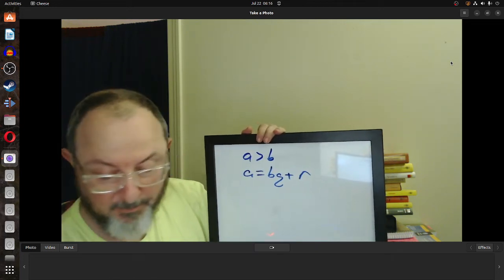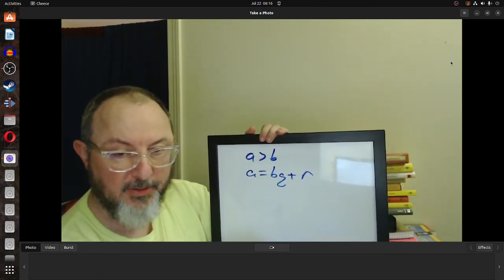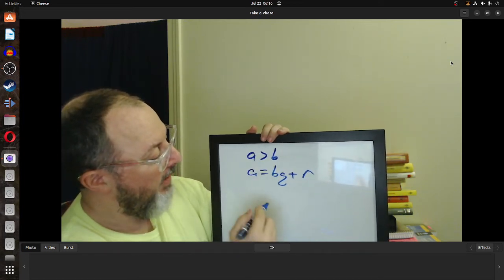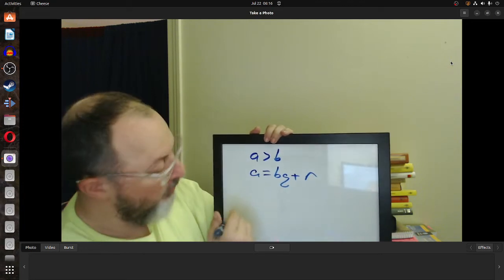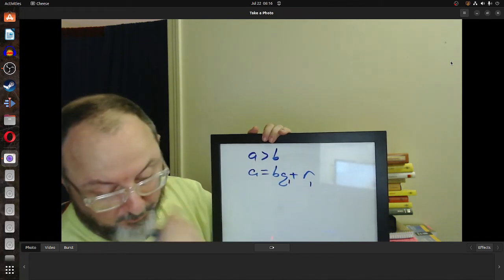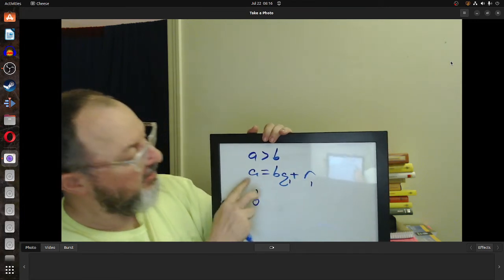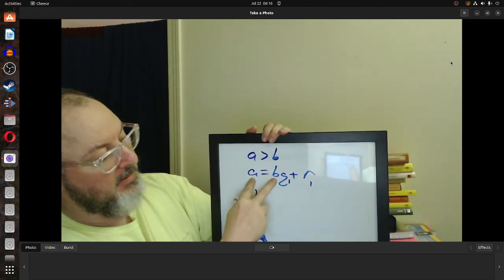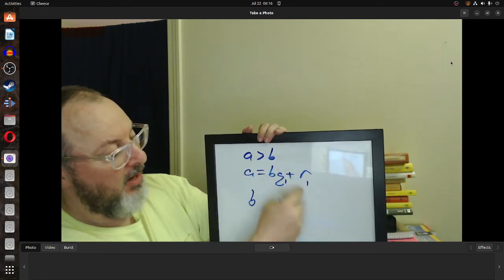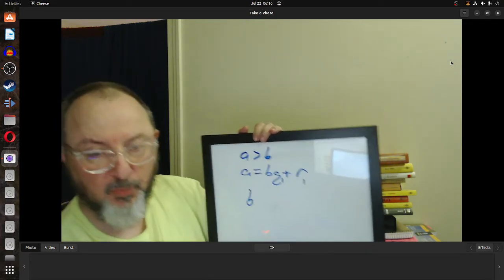That should make sense. So it turns out the Euclidean algorithm is repetitions of this, where you start with Q1 and R1, and then you do B. Anything that divides A and B, you subtract these, it's going to be a divisor of R1 based on that subtraction we did.